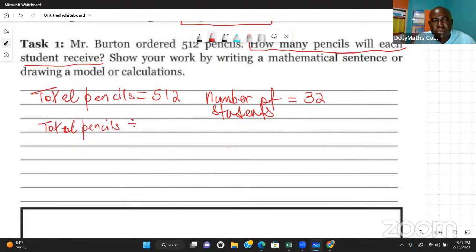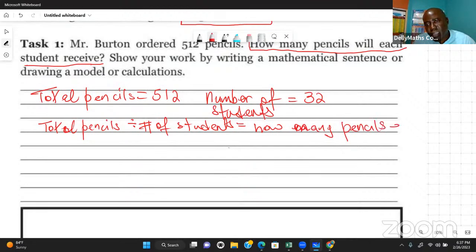If you divide that by the number of students, then you're going to get how many pencils each student gets. So you would have known that. You want to know how many pencils each student gets, you want to divide the total pencils by the total number of students. So as you could see, I'm seeing some very good answers coming out.